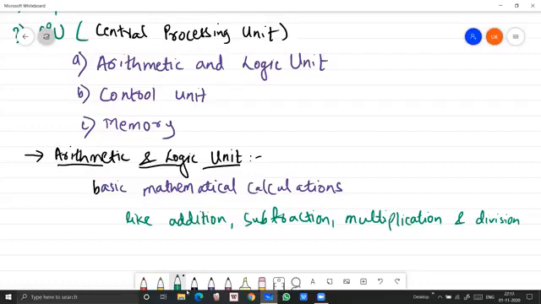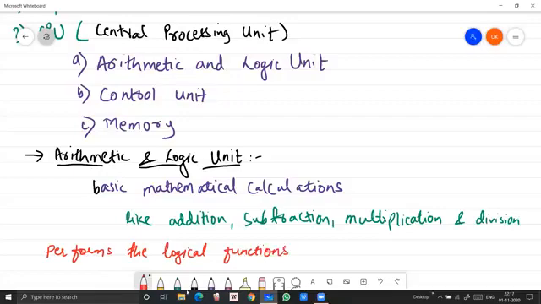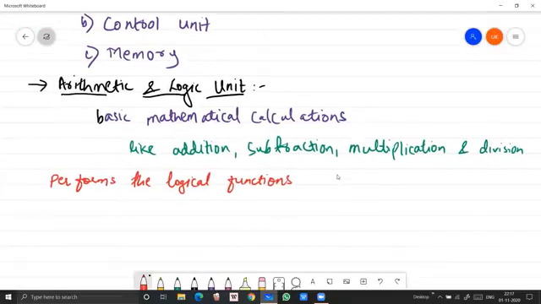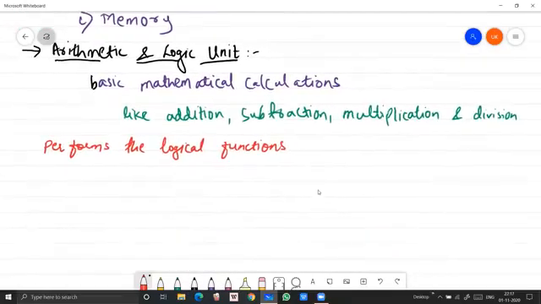And it also performs logical functions, like the comparison of data. That means you can compare two data, you can find out the range on the basis of logic, you can compare things.